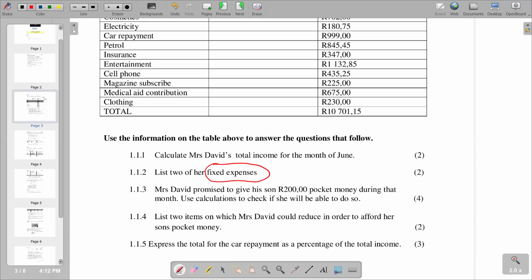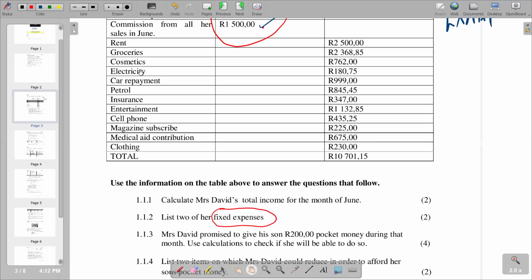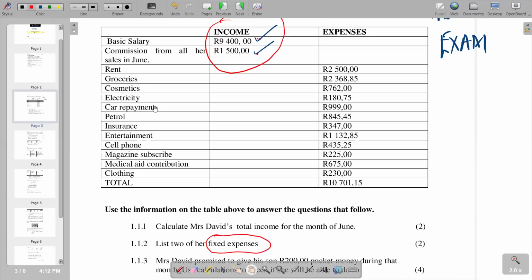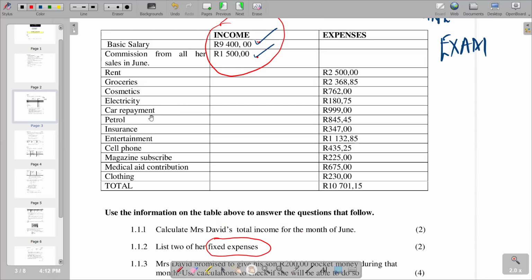Take for example car repayment, you'll be paying the same amount monthly. That's a fixed expense. You can look also at insurance. Remember, you'll be paying in installments, which means you pay the same amount each and every month. So the amount paid remains constant.